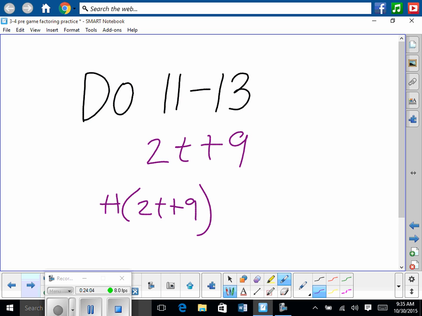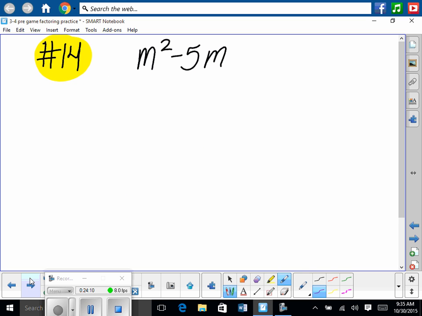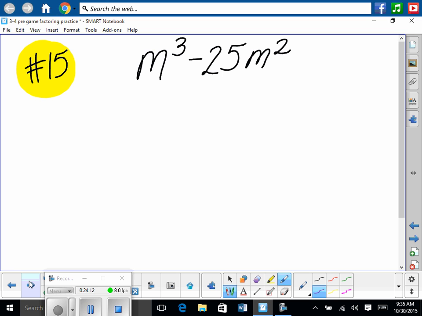I'm going to do problem number 15 with you. Number 15: m cubed minus 25m squared. Is it quadratic right now? No, it's cubic. But what do we have in common in the very beginning? m squared. So we'll factor out an m squared.